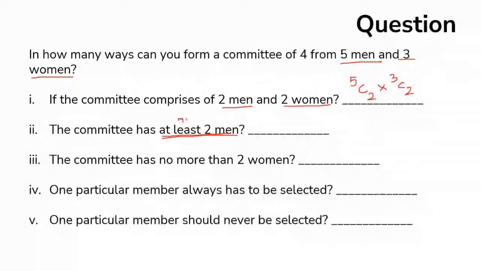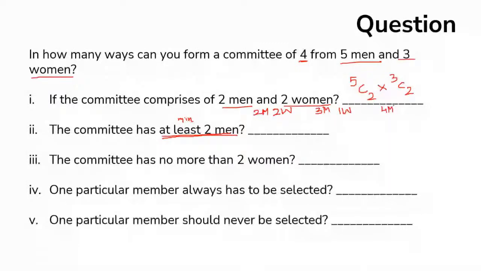So if I go for two men in the committee of four members, the remaining two are going to be women. That is one case. And the other possible cases: they have mentioned only a minimum, so more than two men are also possible. If three men come, one woman will be there. And in the last case, all four can be men, because that is also not restricted.